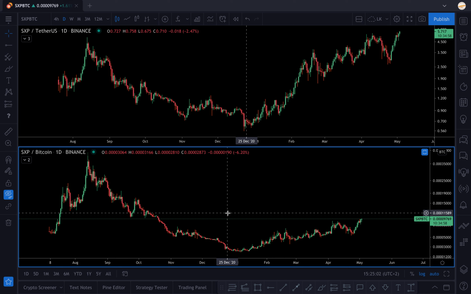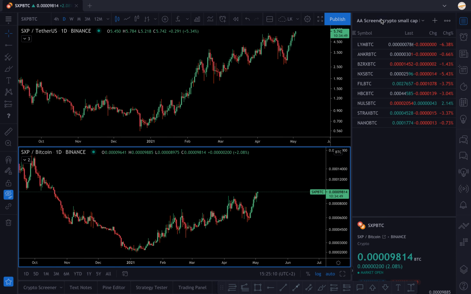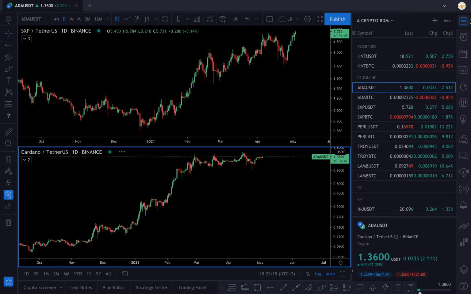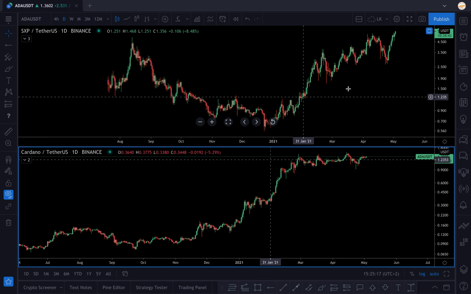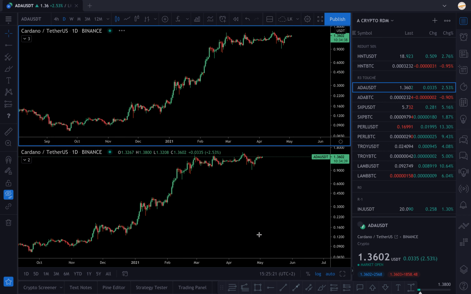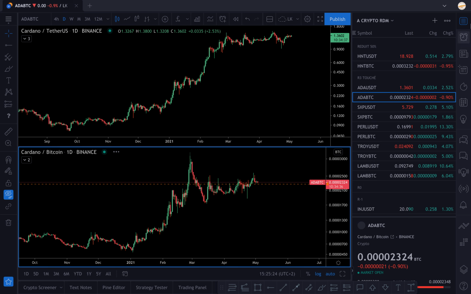So how are we going to use Bitcoin ratios to trade? In bull markets it is very, very good to look at Bitcoin ratios to see coins that outperform your Bitcoin holdings. For example, I did that on ADA. I'm going to set the ADA USD over here and ADA BTC down here.